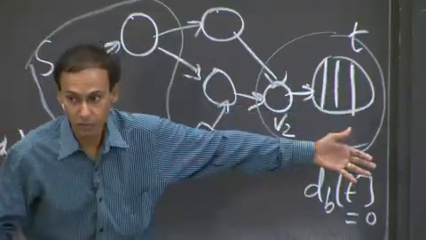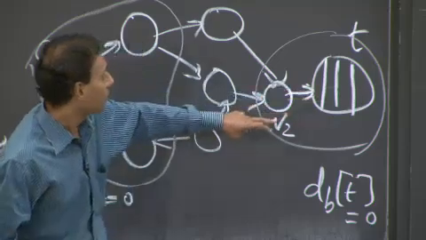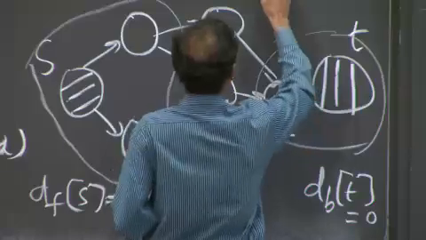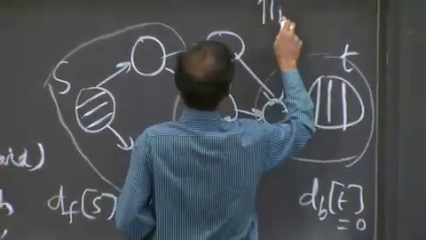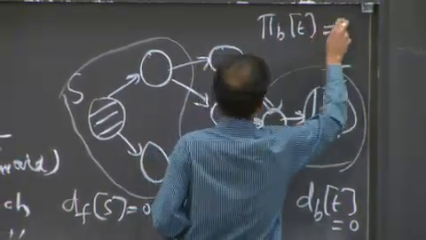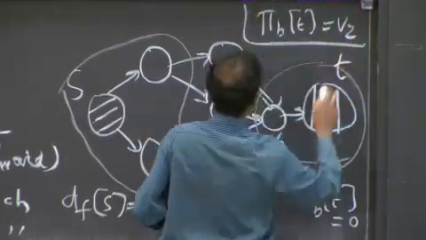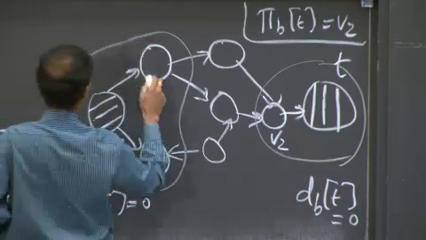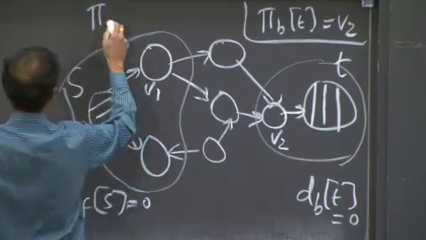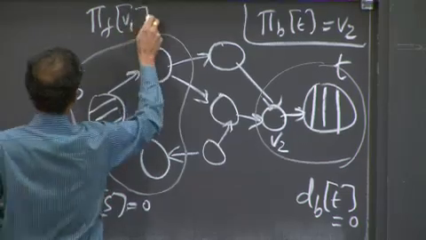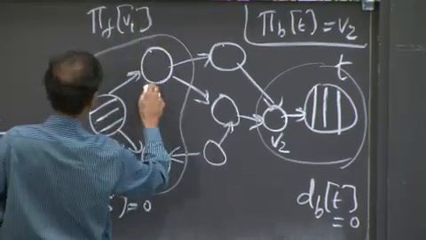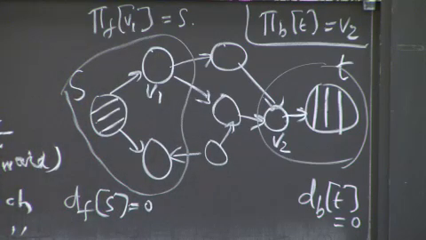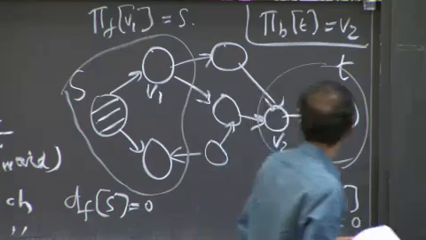Because that's the only edge that goes to T. And so what I'm saying here is that the predecessor pi b t equals V2. Okay? That makes sense? And then over here, if this was V1, then I would have pi f V1 equals S. Right? That makes sense?